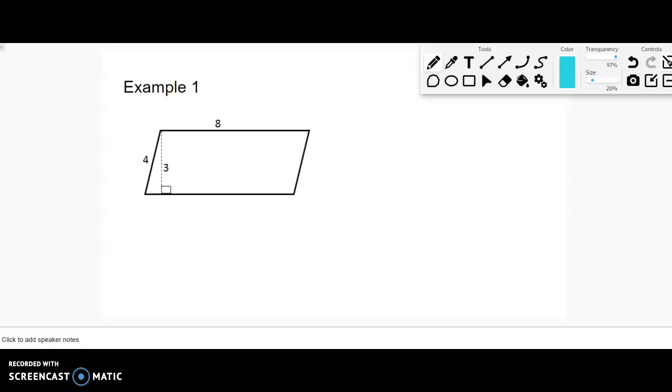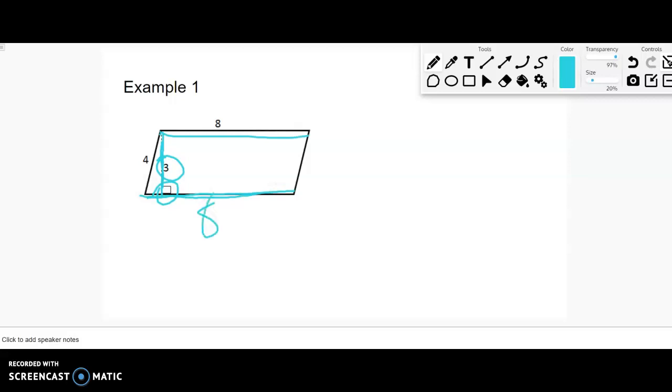So if I have 3 numbers, I'm not using all 3 numbers. Remember, I need to find the 2 sides that are perpendicular. Well, I see this is telling me 2 sides are perpendicular. It's telling me this side and this line are perpendicular. We know this up and down line is 3. And because it's a parallelogram, we know that this is equal to the top.